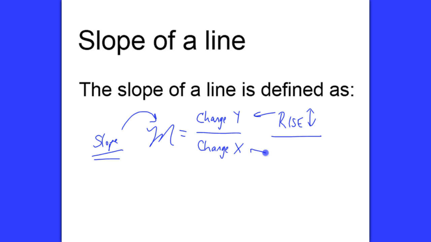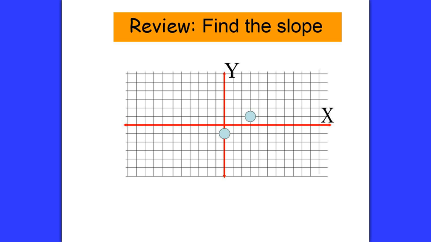And the change in x, that we called the run. And the run was the amount that the line was changing side to side or left to right. How much the x-axis value was changing there. So we can actually take information from the 2 points on the line without the graph, and we can now calculate the slope, and that's what we need to do today.